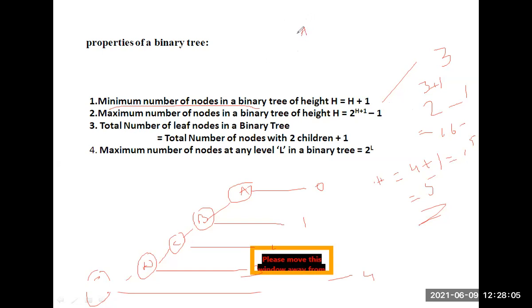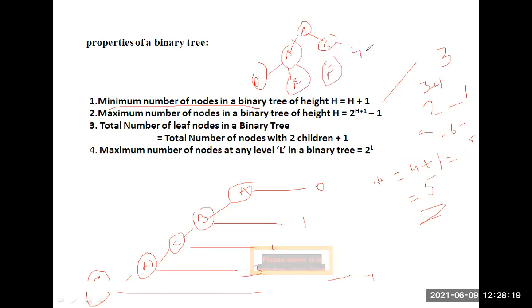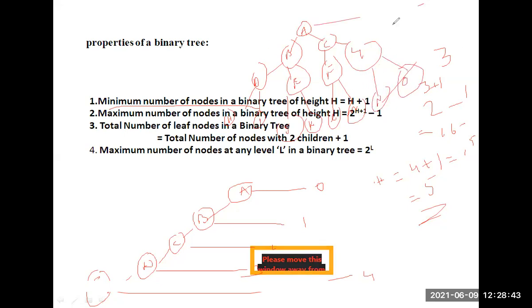A is there, then B and C. Next we have D, E, F, G. Next it has H, I, and J and K, and L and M, and N, O. So what is the height of the tree? 0, 1, 2, 3. So height is 3 here.